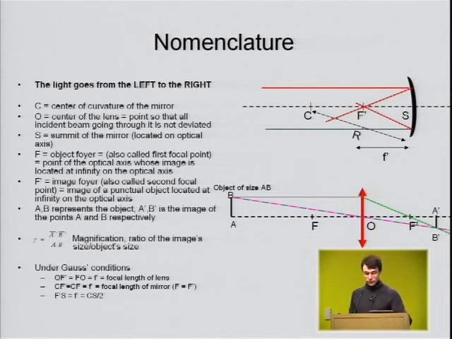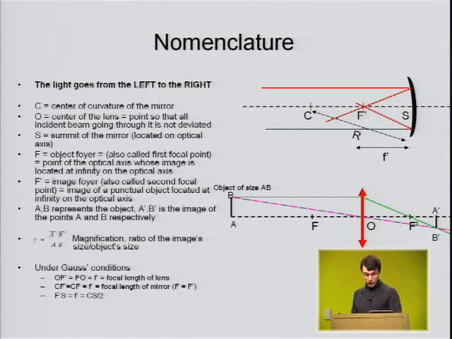And the second point, the second focal point or image focal point, is determined so that any beam parallel to the optical axis will go through this point.